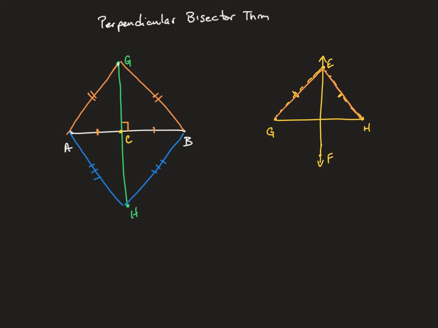So if E is equidistant from the endpoints, then that is going to be a perpendicular bisector. And of course, F then turns out to be equidistant as well, and it would be a perpendicular bisector.